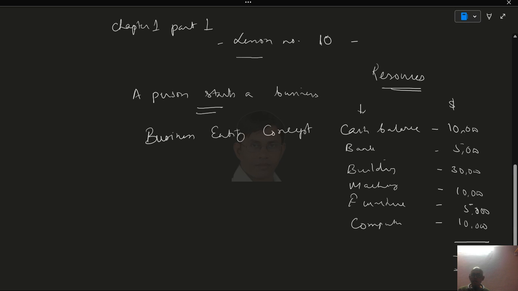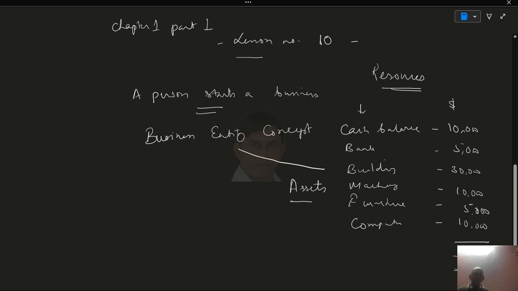What does the business entity concept say? It says these are the assets of the business. What are assets? Assets are resources which are used by the business, which have been provided by the owner to the business to earn revenue. That is what assets are.